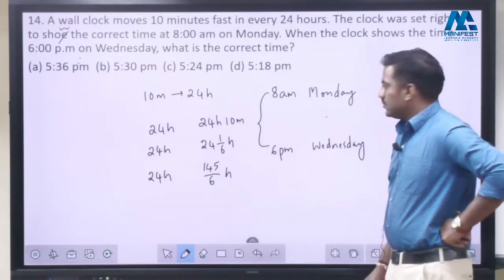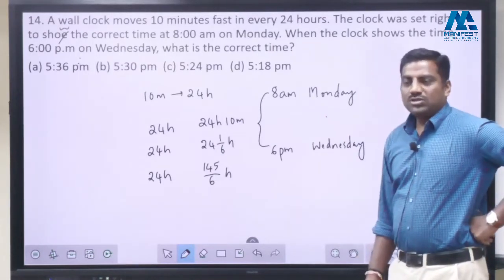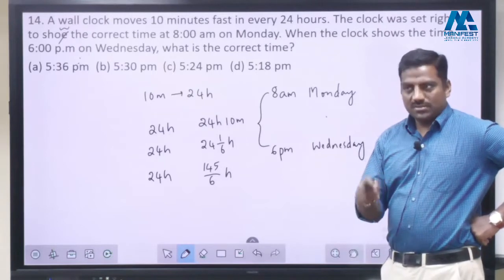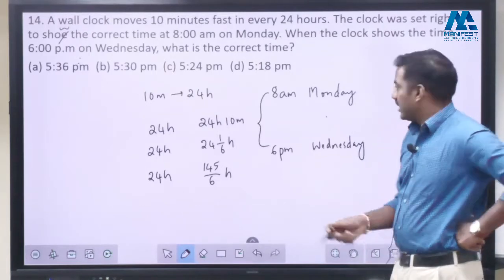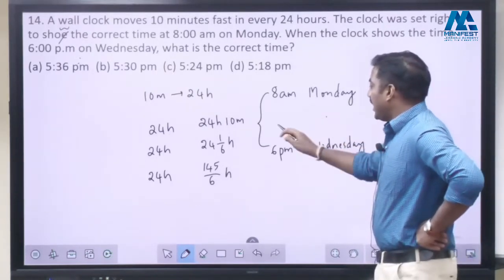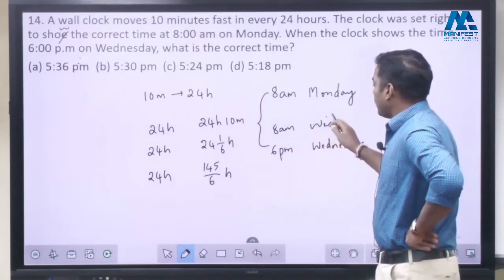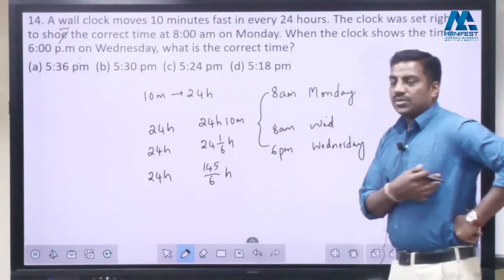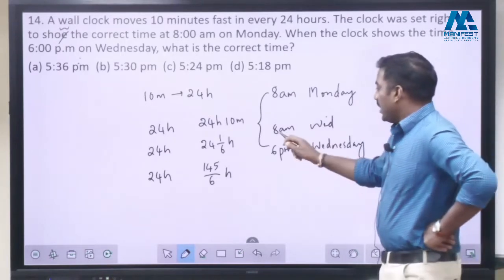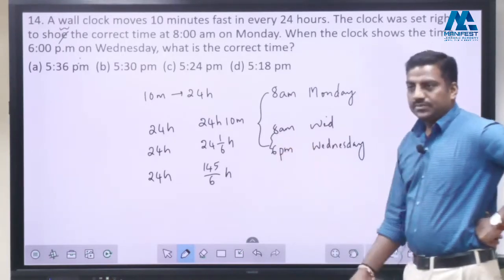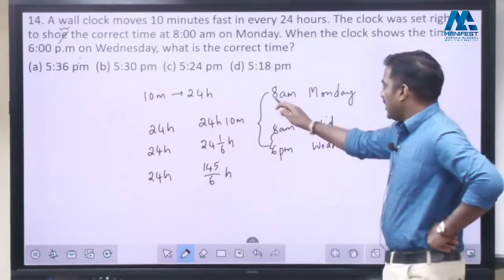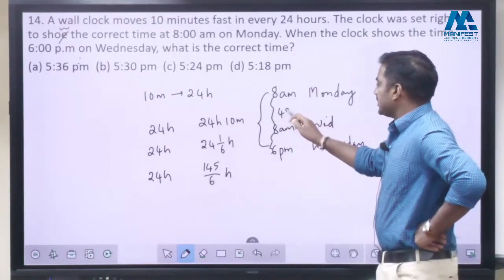Don't just shoot, okay? Take another 5 seconds and calculate. 8 a.m. Monday to 8 a.m. Wednesday. How many hours? 48 hours, correct? 8 a.m. to 6 p.m. How many hours?